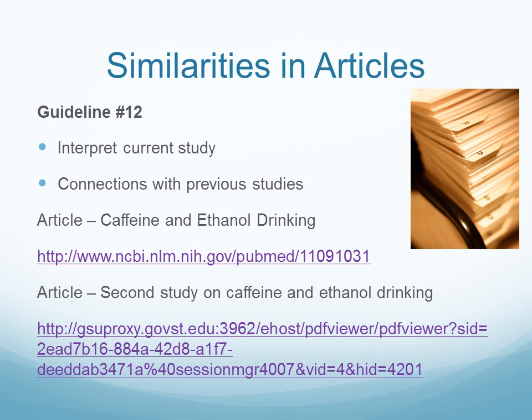So you have to make sure that you can thoroughly understand and interpret your current study, but you also have to take into consideration any connections that could be associated with it and prior studies that were conducted. So this is guideline 12 that we're going over. You want to make sure that you interpret your current study and that those connections are made.